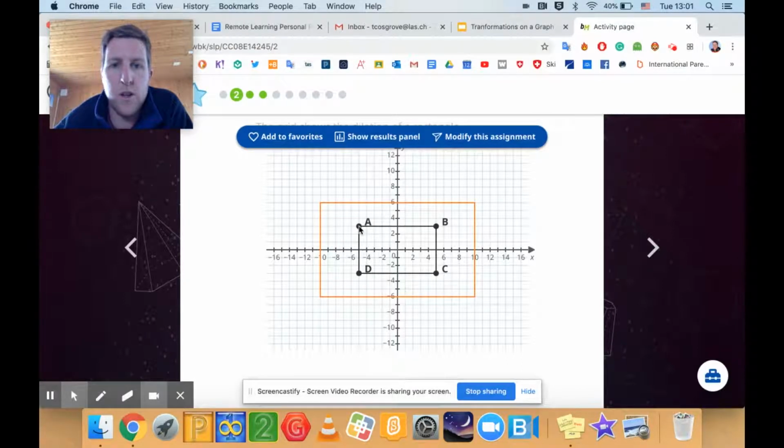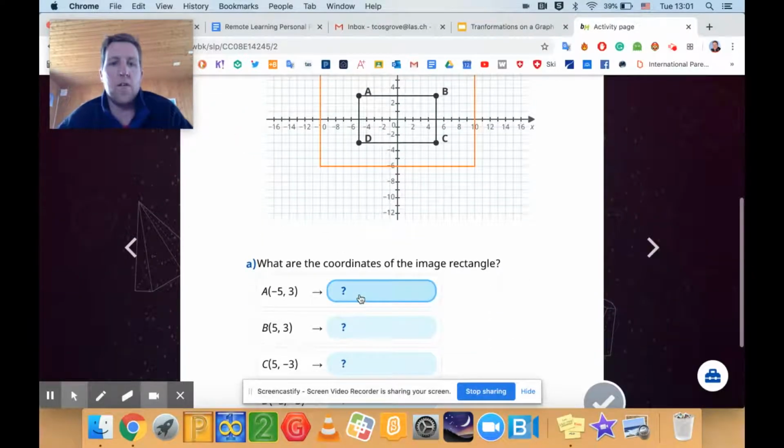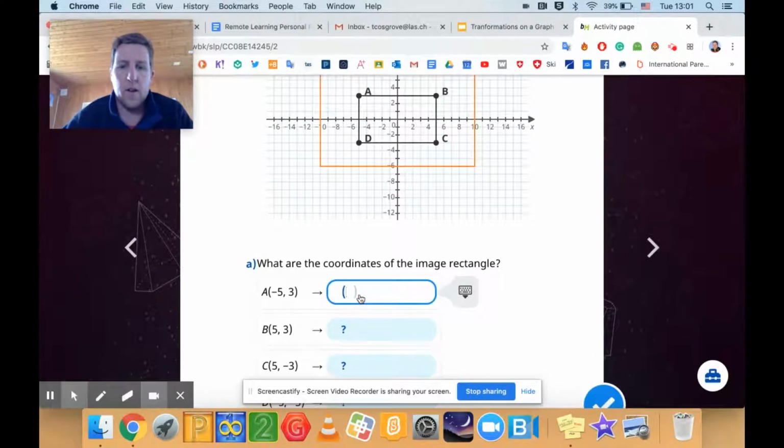So originally we went from here over to here, and you'll notice that this coordinate is at -5, 3. And then this coordinate is at -10 and 6. So all we need to do down here is write with brackets -10, 6.